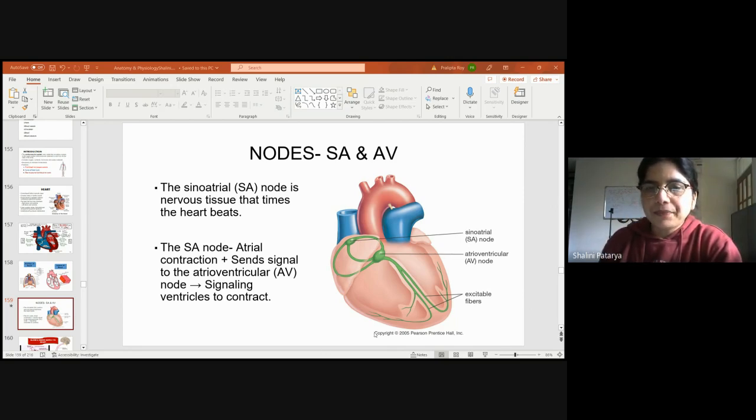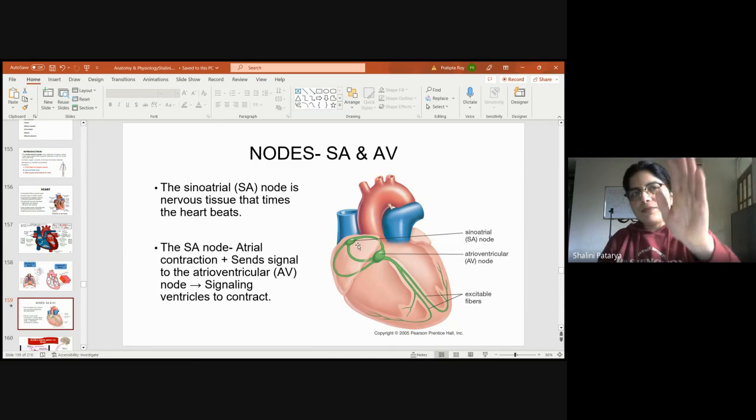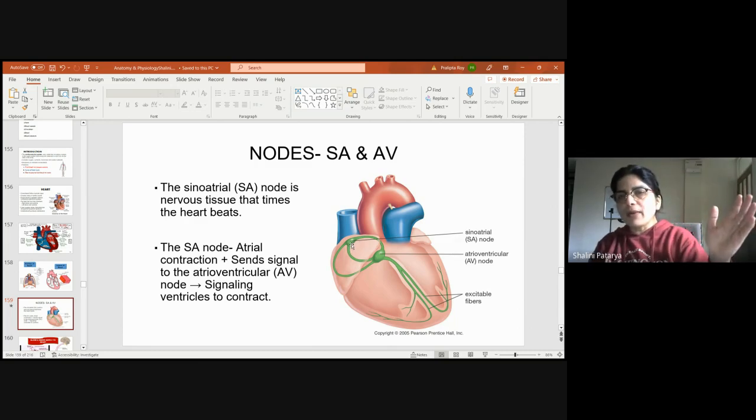If you see this structure, on the upper part, on the right side at the top, we have the sinoatrial node. Then in the middle there is one connection, which is the atrioventricular node. The last one is the excitable fibers.